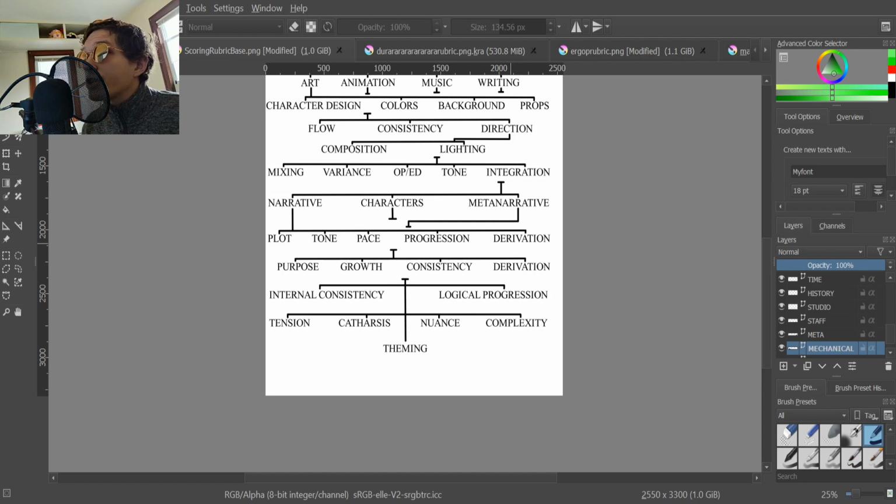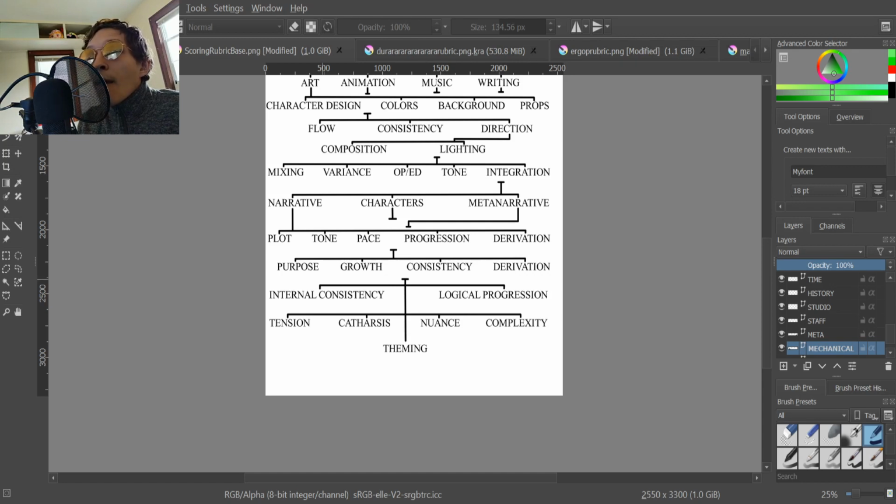So derivation, for me, is, if it's really derivative, is there enough originality in how it's presented and the things being done to keep it out of negative score territory? If it's very original and I've never seen anything like it, we're into the high positives with derivation.